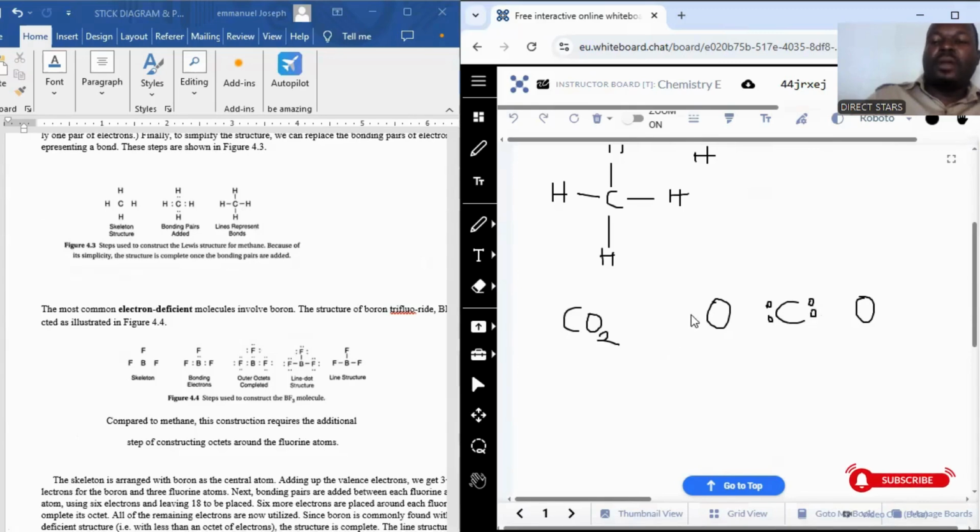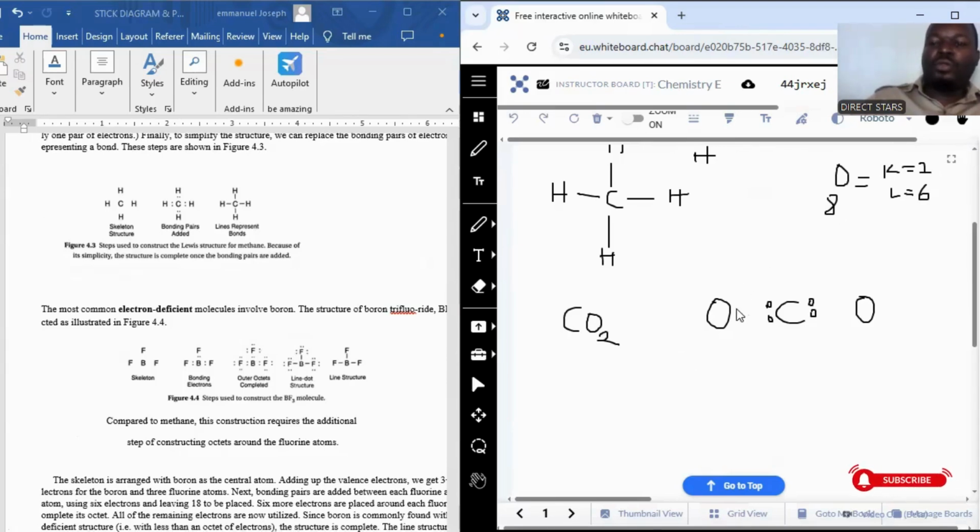Oxygen, on the other hand, check your periodic table, has 8 electrons in total. So by the time the inner shell takes 2, what will be left for the L shell will be 6. So that means each of these oxygen atoms has 6 outer electrons.